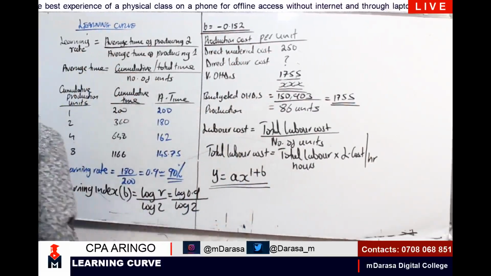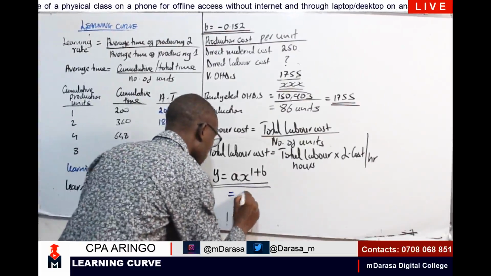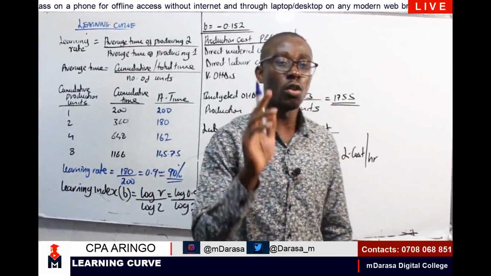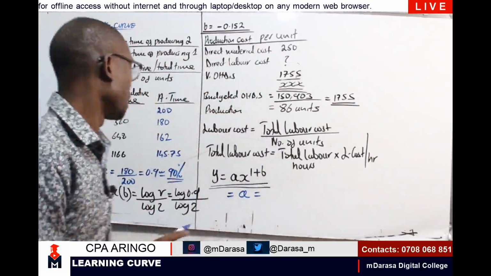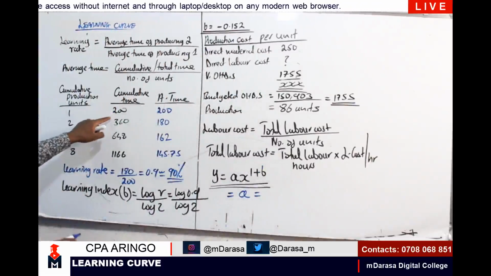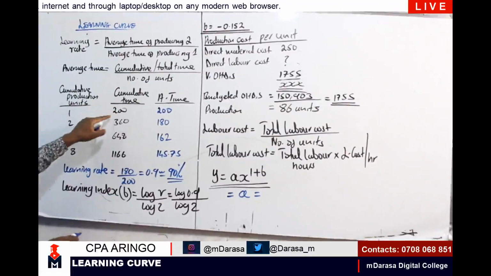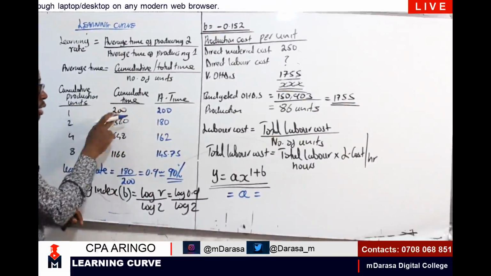So analyzing it, do we have our A, the time or cost of producing the first unit or batch? Yes, we have determined that one here. We are told that the cumulative time of producing the first batch or unit was 200.